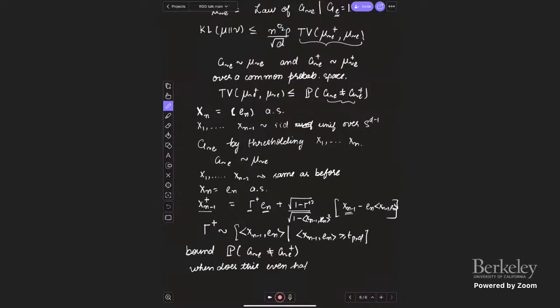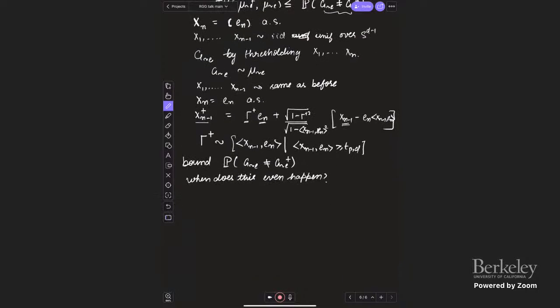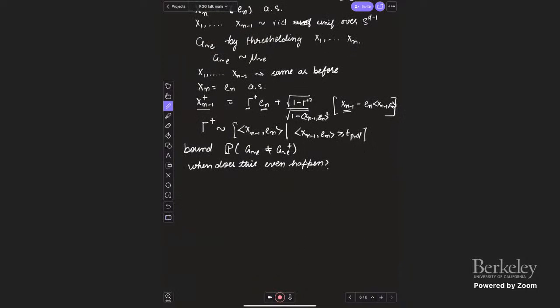This happens when for some j equals 1 to n minus 2, we have <x_{n-1}, x_j> greater than or equal to t_{p,d} and <x_{n-1}^+, x_j> less than t_{p,d}, or vice versa.